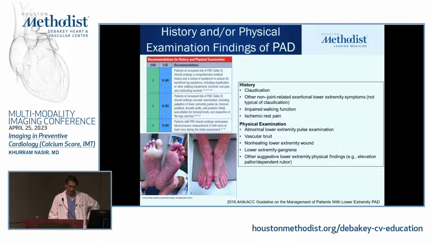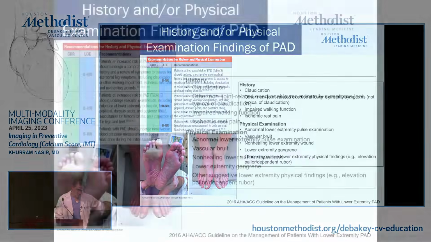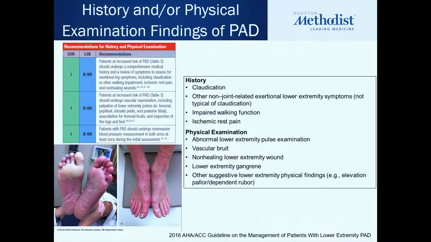So the guidelines recommend that in those patients we've mentioned who are at risk for peripheral arterial disease, all the patients who have risk factors for atherosclerosis, the elderly, the diabetics, the smokers, there are class 1 indications to perform a comprehensive history.